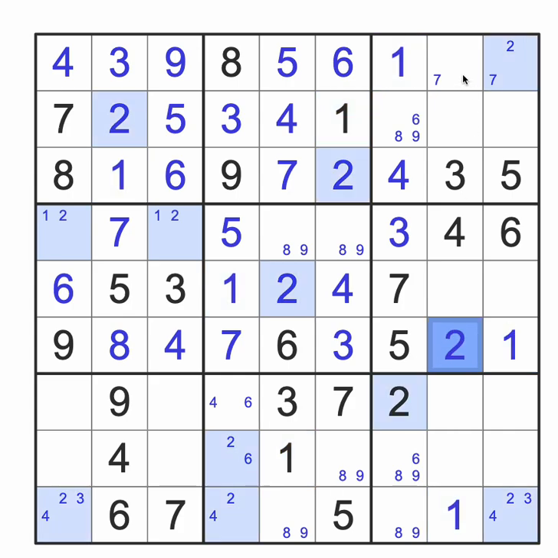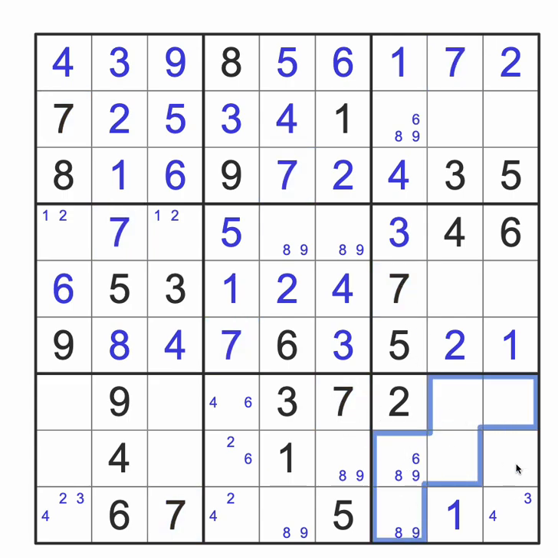And this 2 gives me 7 here and gives me 2 here. And 7 blocks here. This 7 blocks here. This 7 in box 8 blocks here. Gives me 7 here.